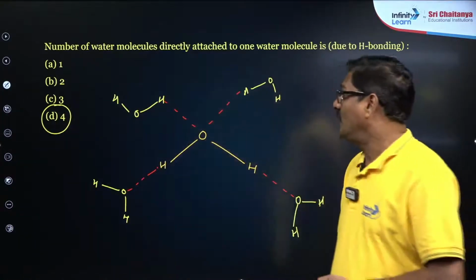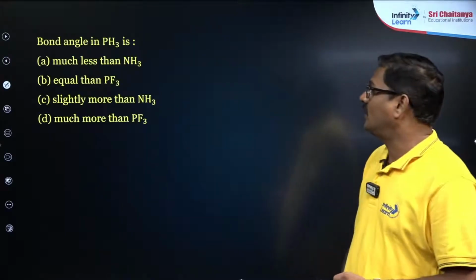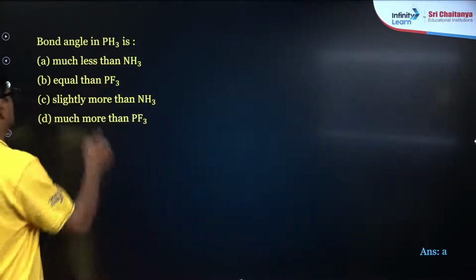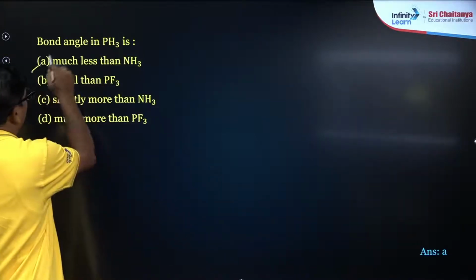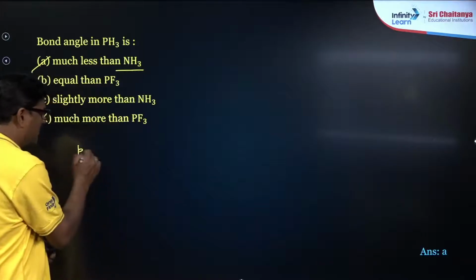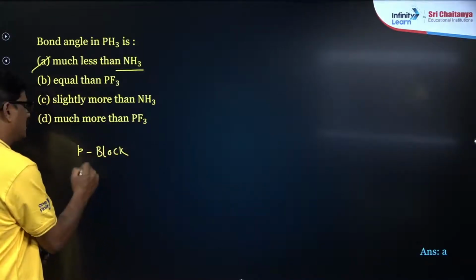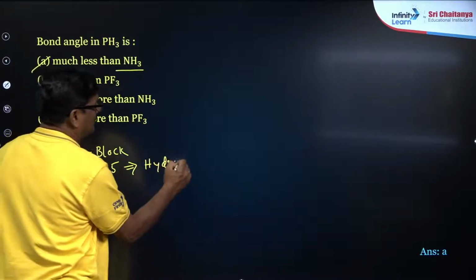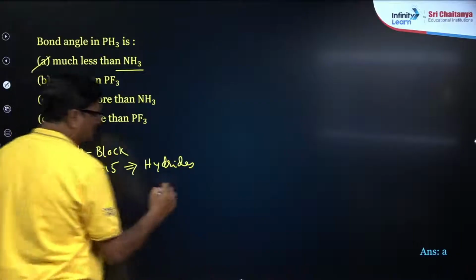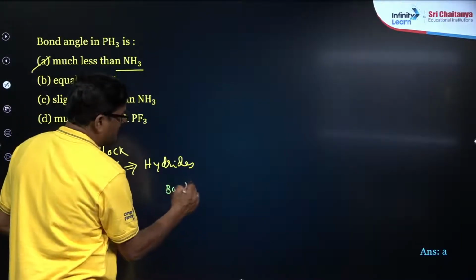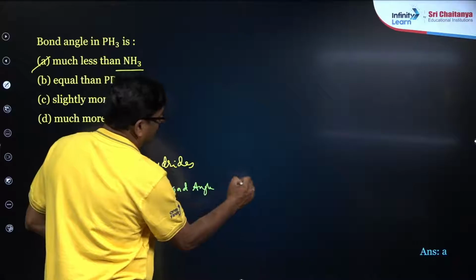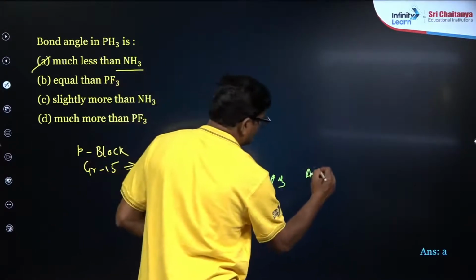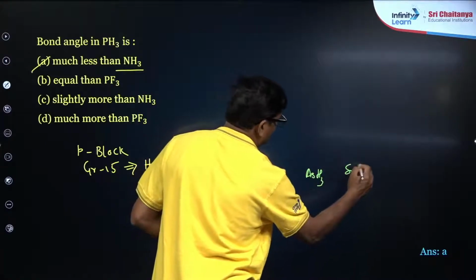This is the reason. And one more, bond angle in PH3 and PF3. So this is inorganic, and the option is going to be much less than NH3. P block, group 15, topic hydrides. Remember, in this topic we can see bond angle of NH3, PH3, AsH3, SbH3.